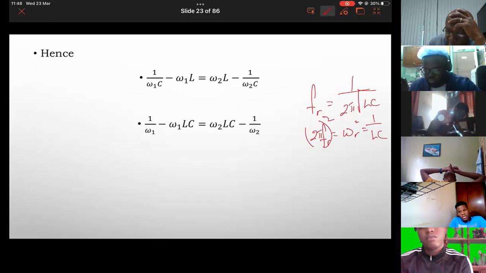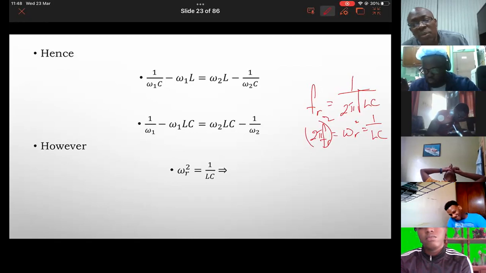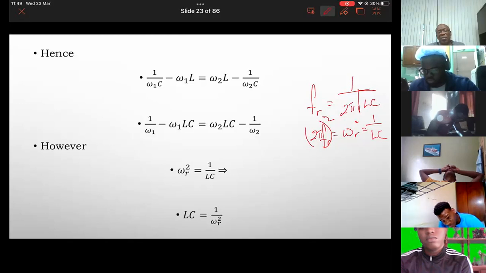So that's how we get to this point. So omega R squared is equal to 1 over LC, which implies, obviously, that LC was equal to 1 over omega R squared. So I'm going to make a substitution for LC.